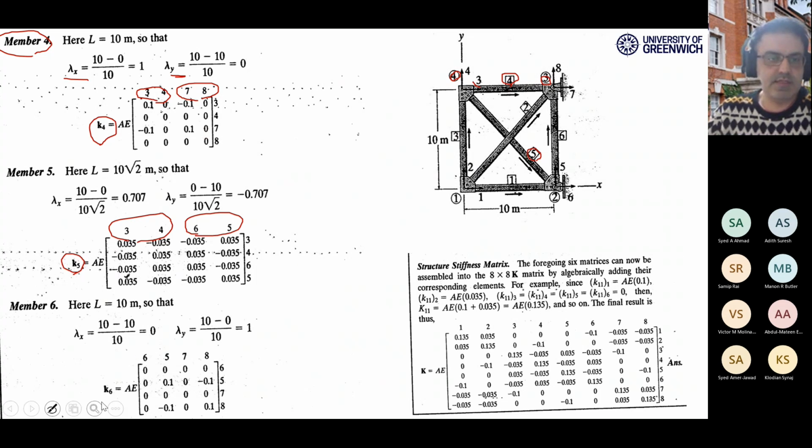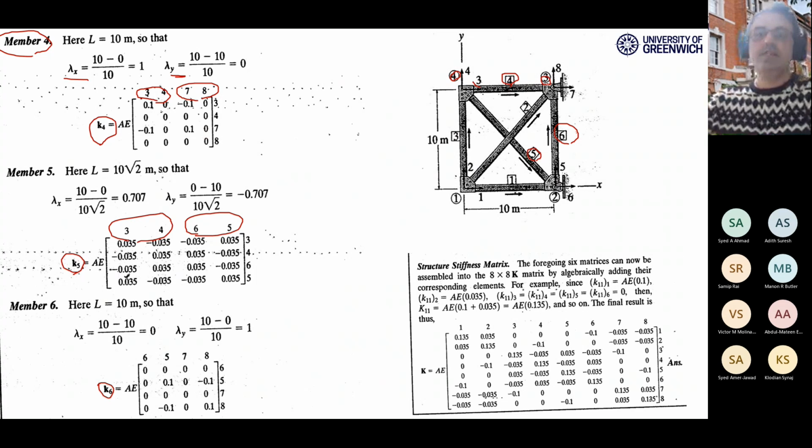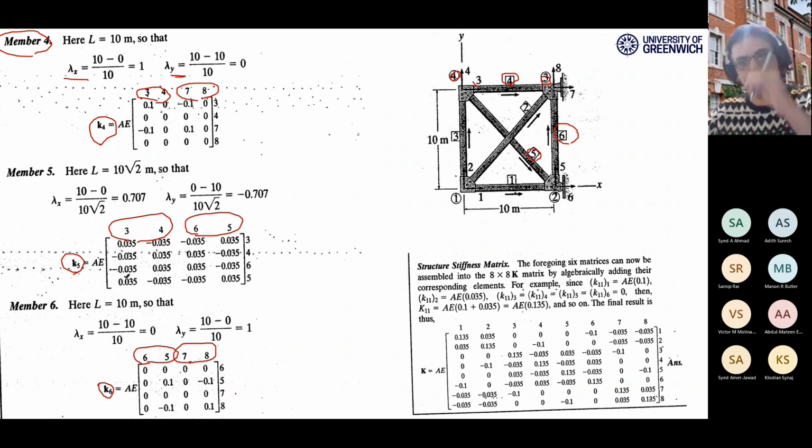And the last element is element number 6, where is this element? Element is here, connects node 2 to node 3. So the near end is node 2, which gives me 6 and 5 as the degrees of freedoms. And the far end is node 3, which gives me 7 and 8 as the degrees of freedoms.